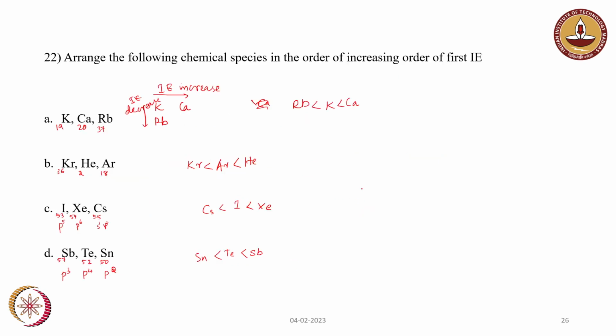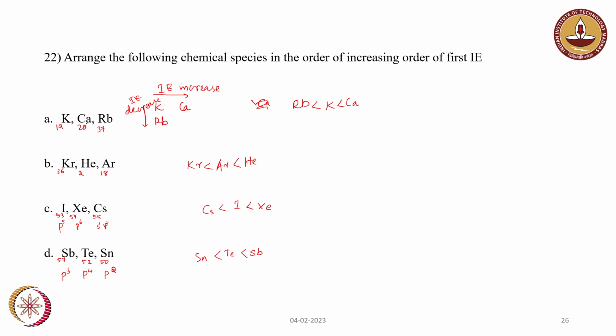And next one is, arrange the following chemical species in increasing order of first ionization energy. Ionization energy increases when we move from left to right of a period, and decreases down the group.